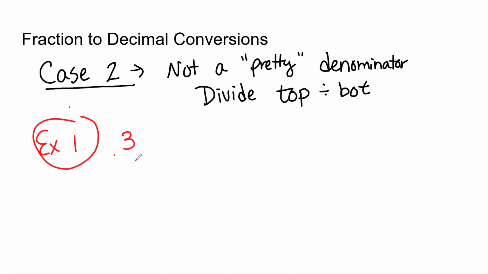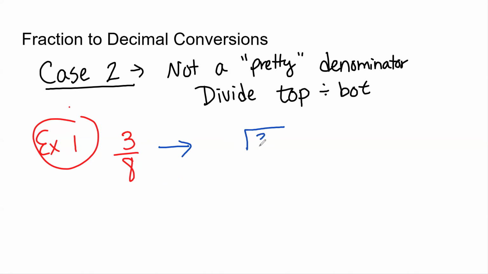All right. If you try to do what we were doing for case 1, can 8 turn into 10 with multiplication? No. Can it turn into 100? You can try it, but it's not going to work. So this is not easily changed to something pretty. So if you're working by hand, you are going to do long division. That's why you had to learn that back in 4th, 5th, 6th grade.